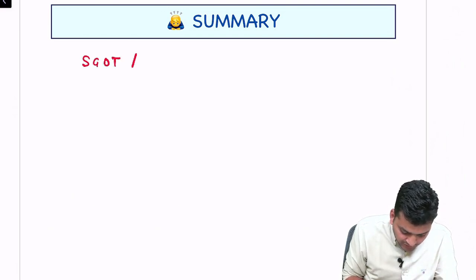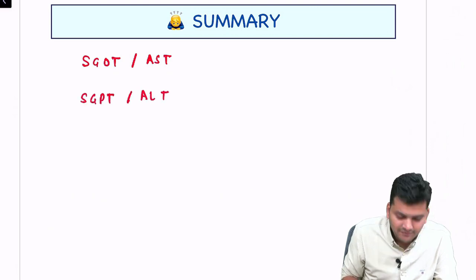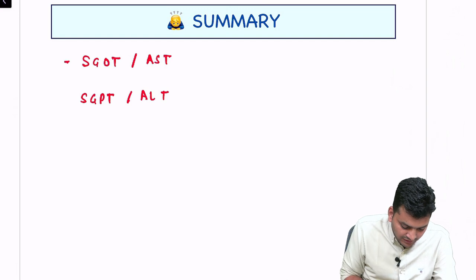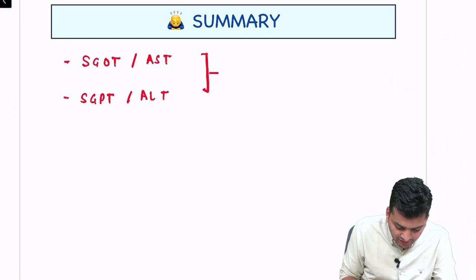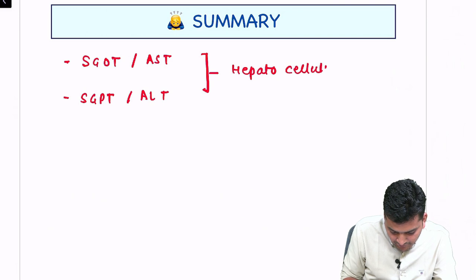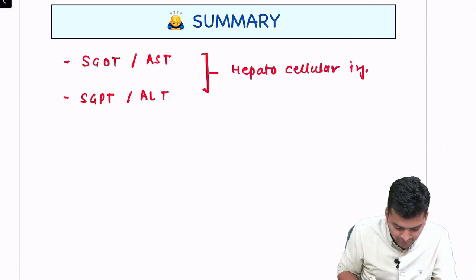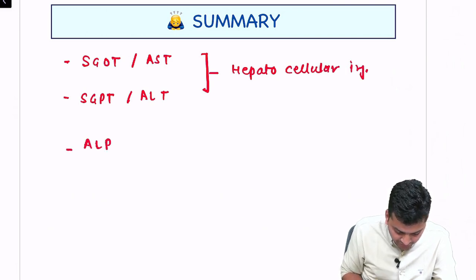SGOT, that is also called aspartate transaminase. SGPT, that is also called alanine transaminase. Whenever we talk about them, they are the marker of hepatocellular injury. Alkaline phosphatase is a marker of cholestasis.